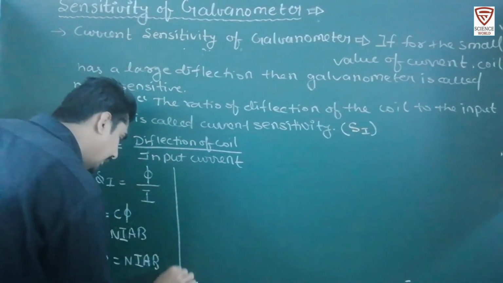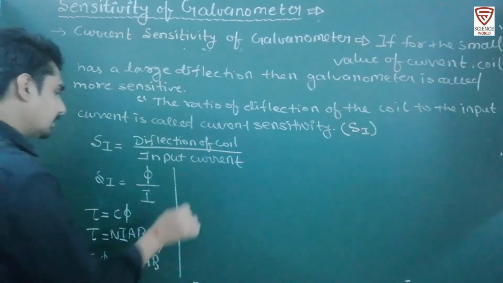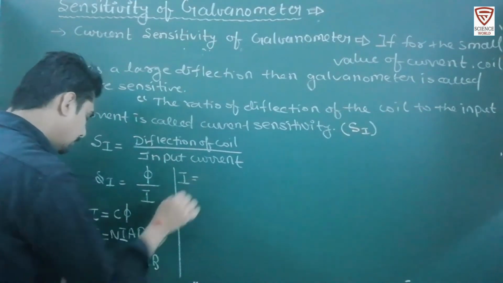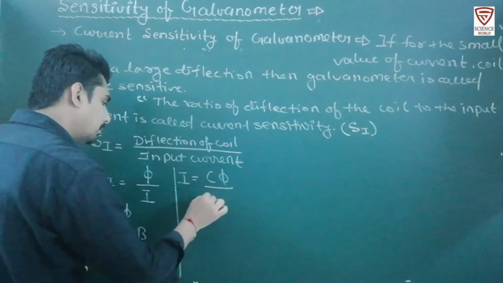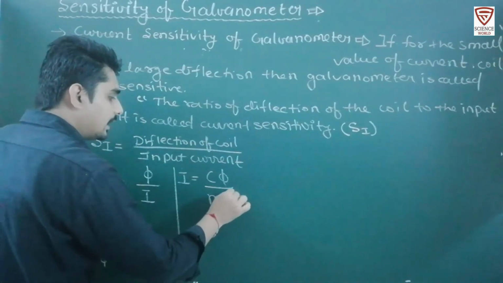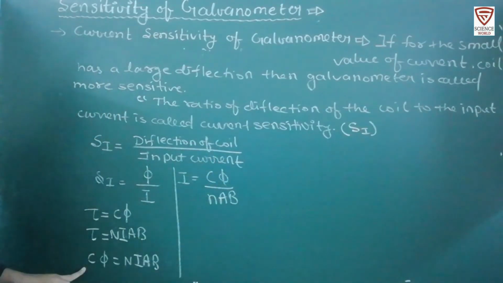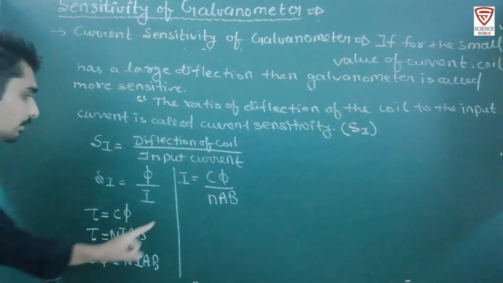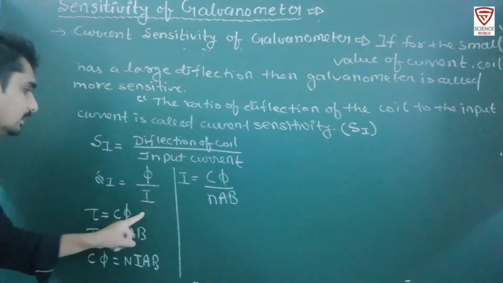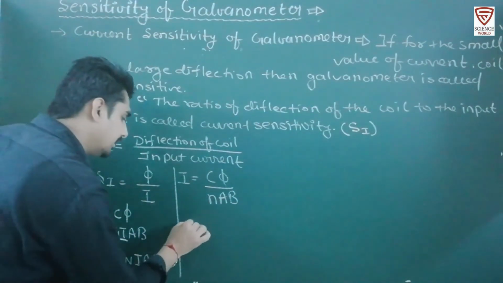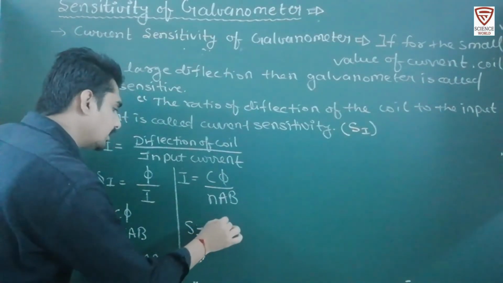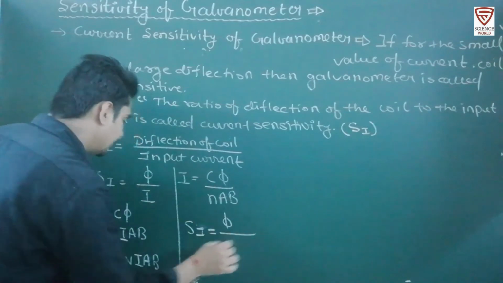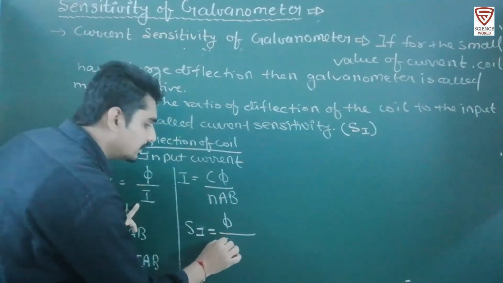So we find I is equal to C phi upon N A B. Now we will put this value of I in this equation. So we find SI is equal to phi upon, what is the value of I?